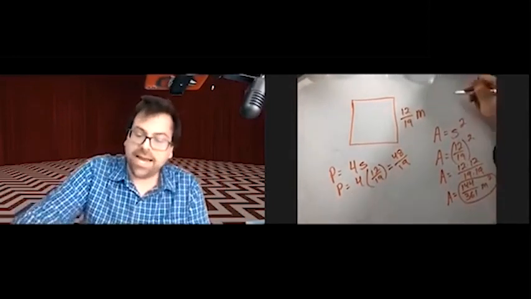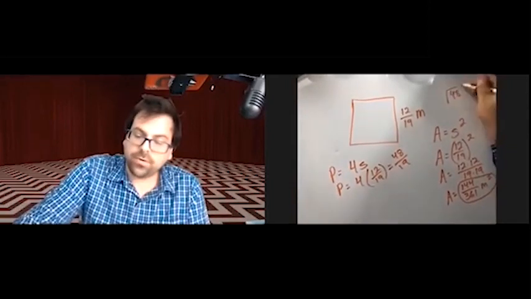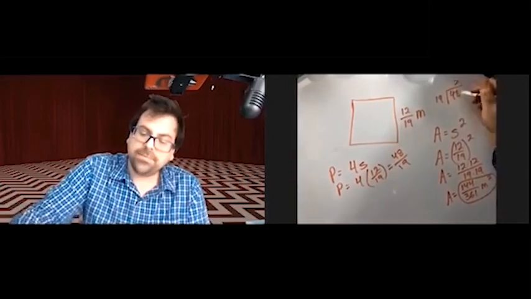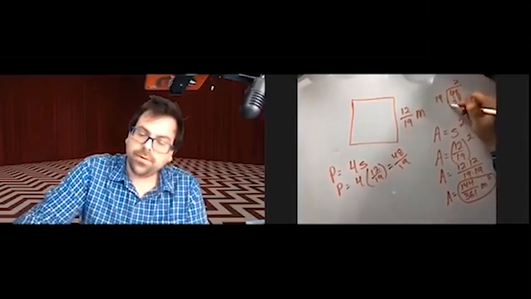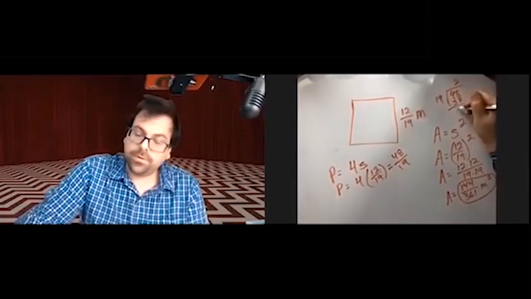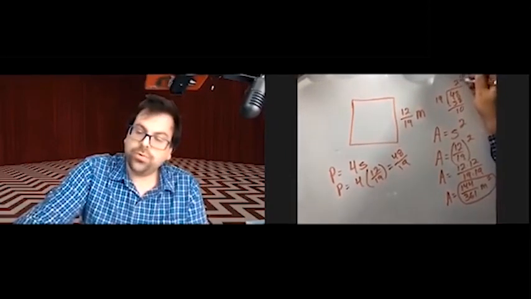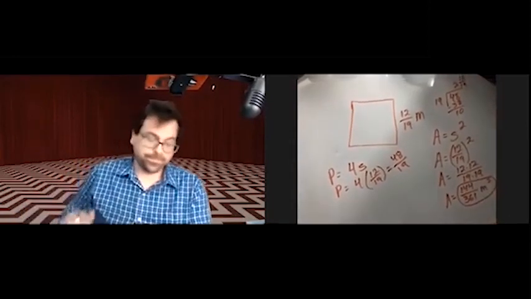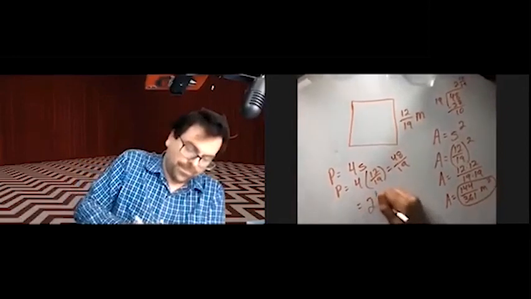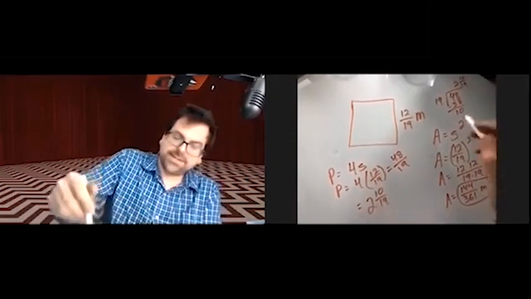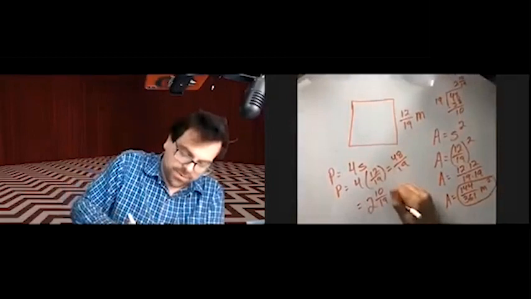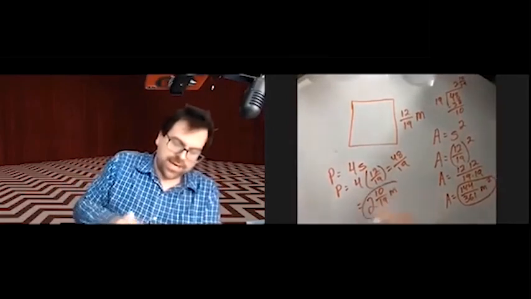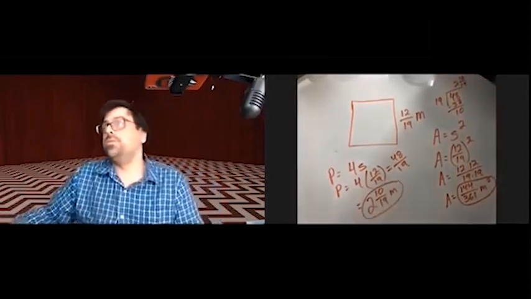And when we divide that out, 48 divided by 19, we get 2 10/19. And since we're just adding meters up, 2 10/19 meters would be the answer.